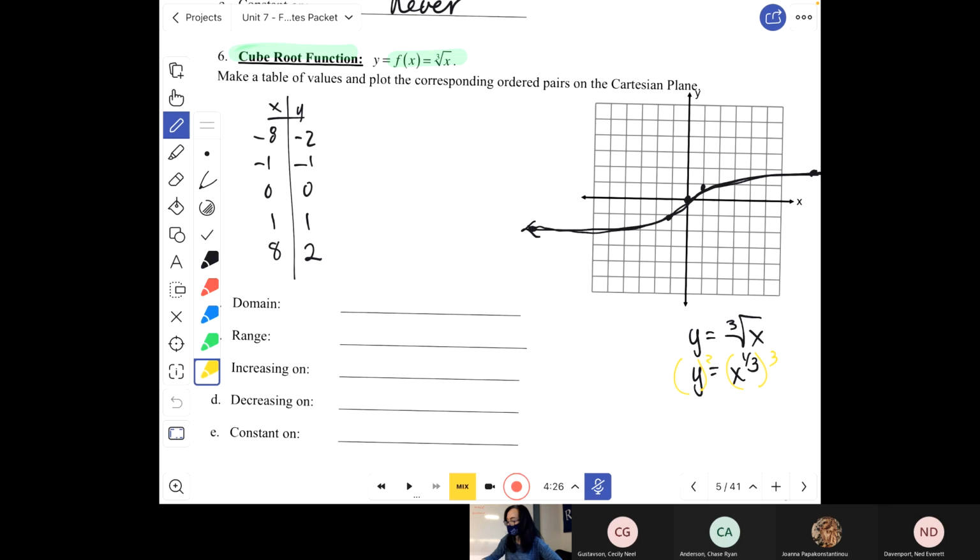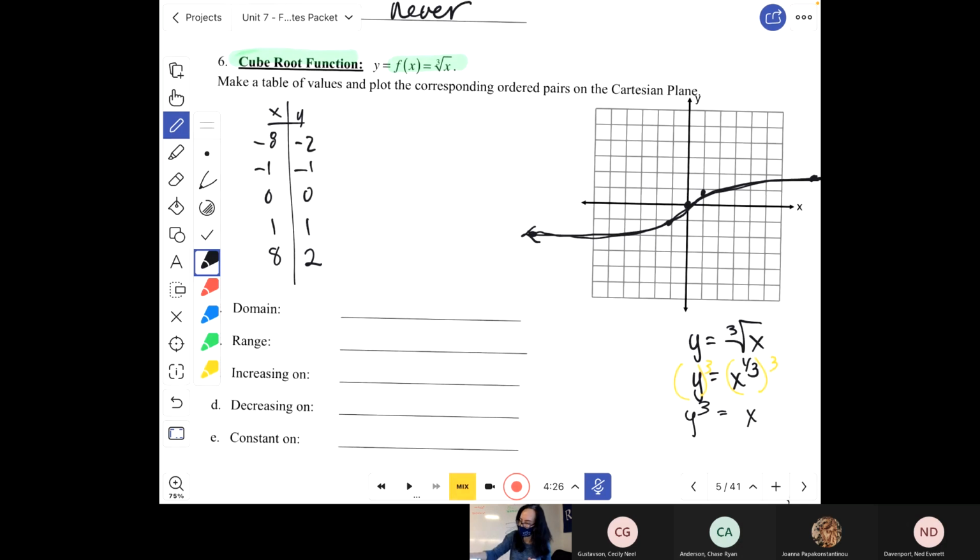I'd cube both sides, right? So what would that give me? X equals y cubed. If I were to rotate it, the y is now cubed instead of the x cubed. So Cooper, you just brought up a beautiful relationship between those two. So this was an aside. You don't really need to know that right now, but since you mentioned it, I have to talk about it.